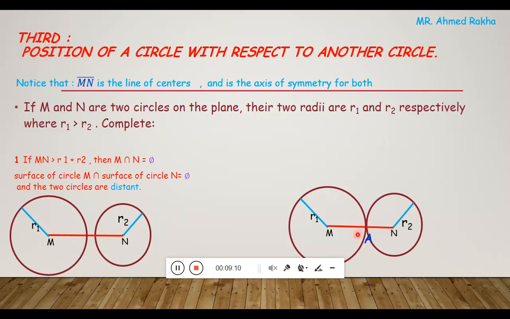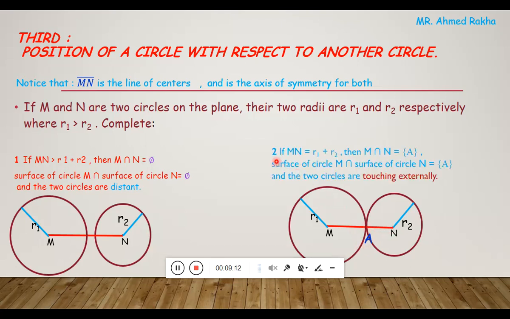We will name it A. If MN, the length of the line between the first center and the second center, equals exactly the length of R1 plus R2, then M intersect N equals this point A, and the surface of the circle M intersects the surface of the circle N also equals A. And the two circles are touching externally.